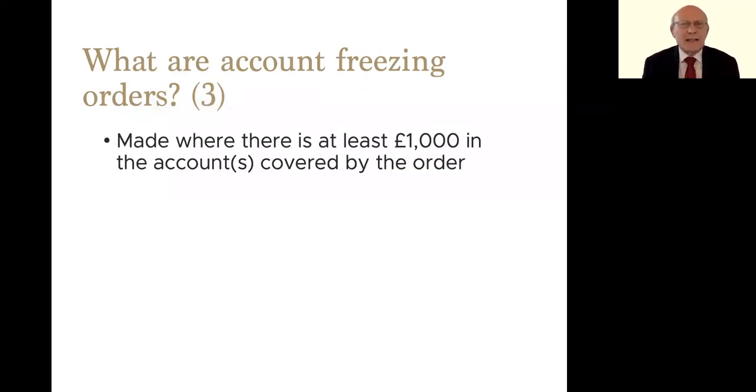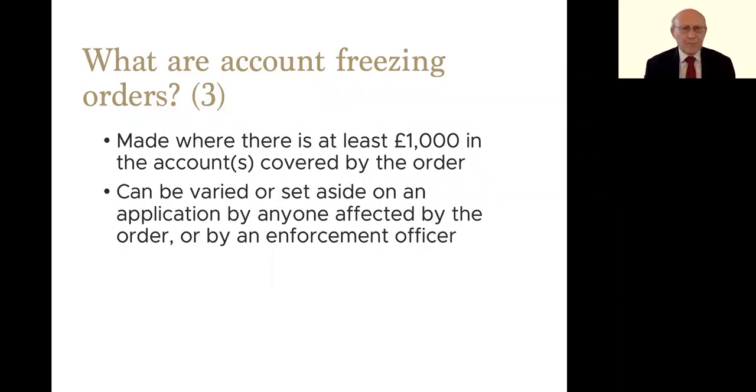It's made where there's at least £1,000 in the accounts covered by the order. And as I've already mentioned, it can be varied or set aside on an application by anyone affected by the order or by an enforcement officer.